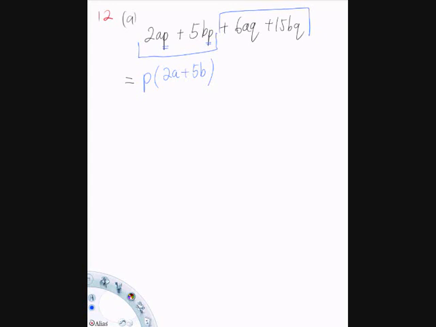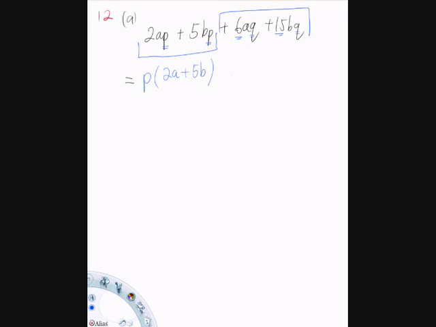For the second group, we also do a check. Is there any common factor we can actually bring out? For the numbers, we have 6 and 15, and we know that 6 and 15 have a common factor of 3. There is also another common factor of q.